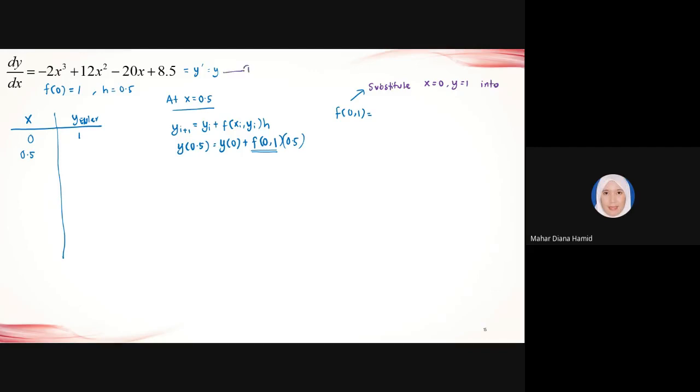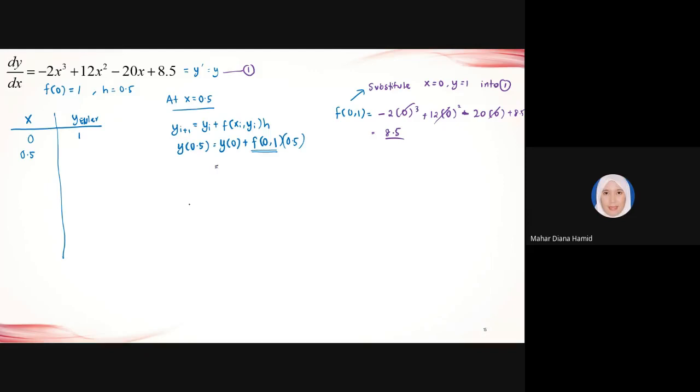So we just denote this as equation 1. If we substitute x equals 0 and y equals 1 into equation 1, we will get this value. So we substitute 0, 3 plus 12, negative 20, 0 plus 8.5. So we directly know it's 8.5. Just cancel out. So we only get 8.5.